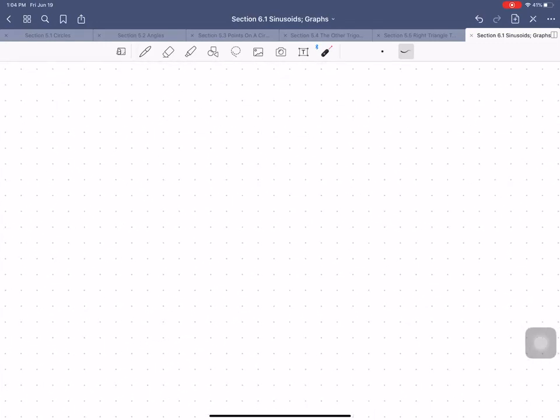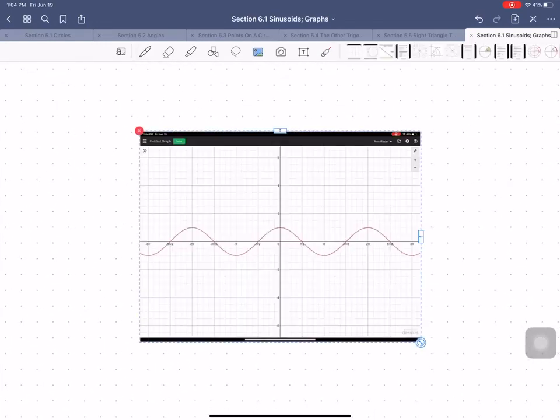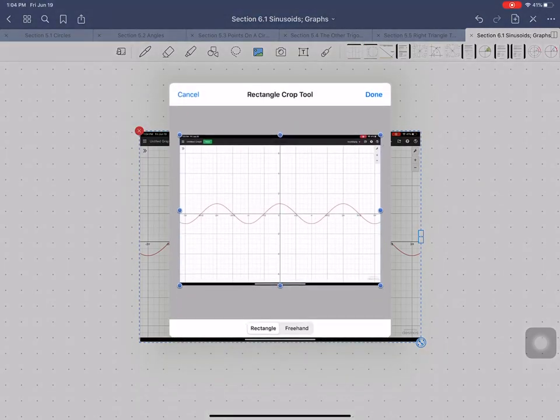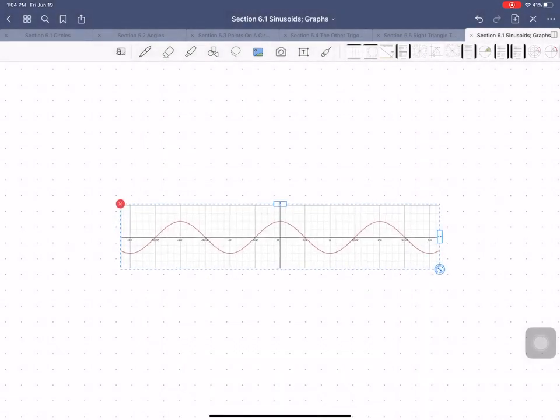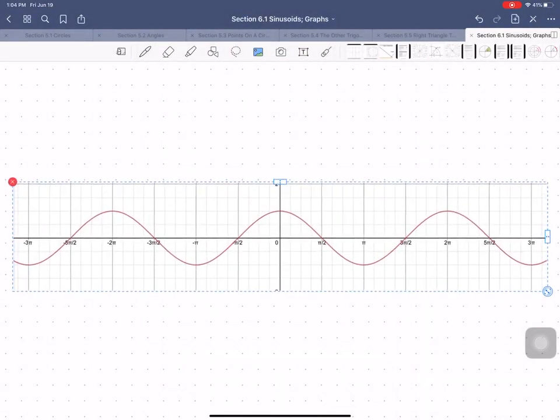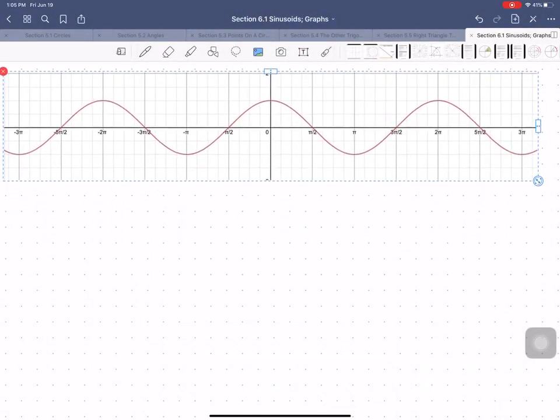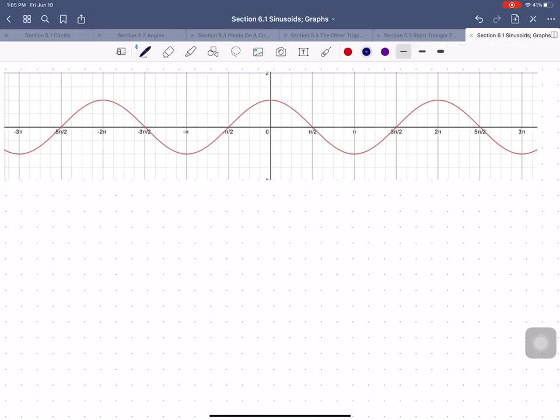I'm going to scribble on this, so let me pull it in here, crop it down, and make it a little bigger. I want you to remember this is the function cosine x.